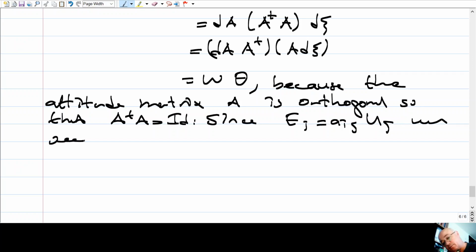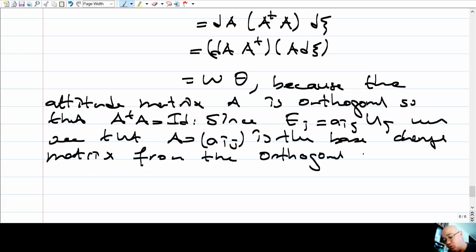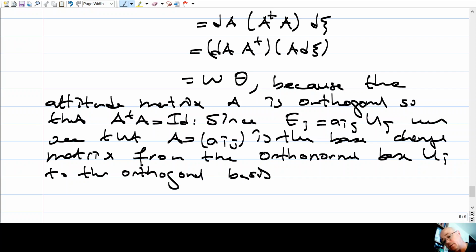We see that the attitude matrix Aij is the base change matrix from the orthonormal basis Ui's to the orthonormal basis Ei's.